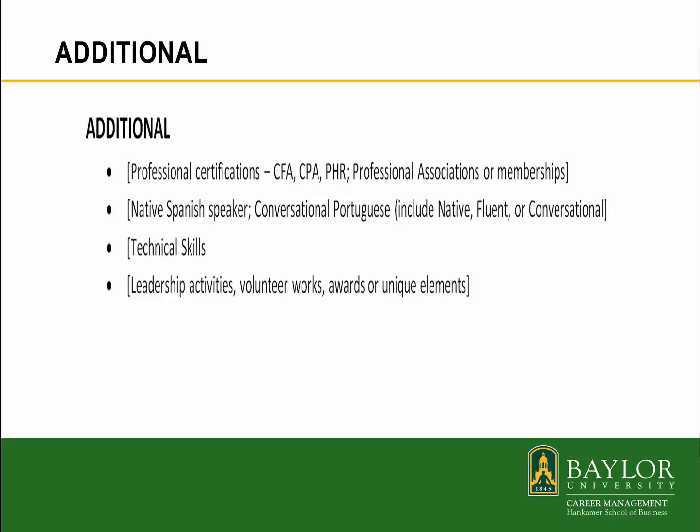And then the unique elements. So these are things like a 100-mile marathon or your pilot's license, or you're an equestrian rider. Different things that make you different, conversation starters, things that separate you from other candidates. Those are really some things that you need to think about in the additional section.